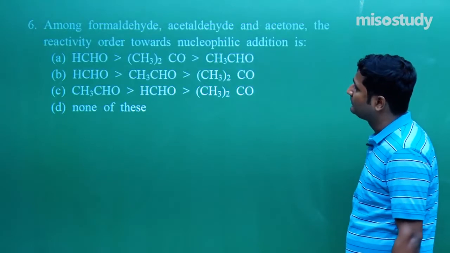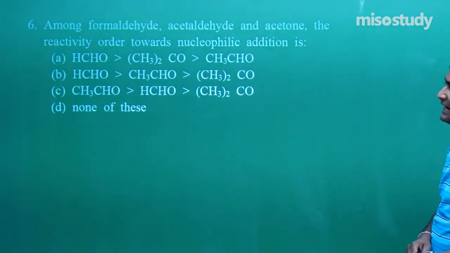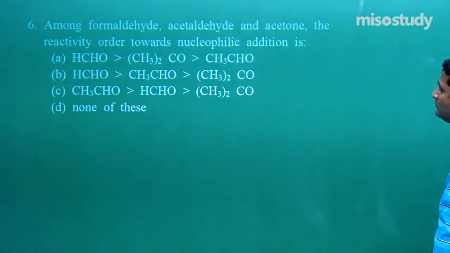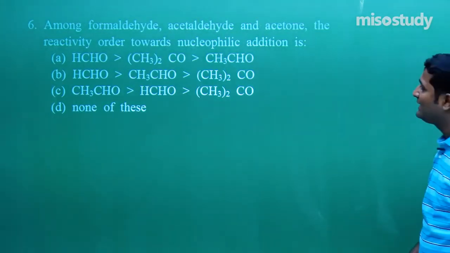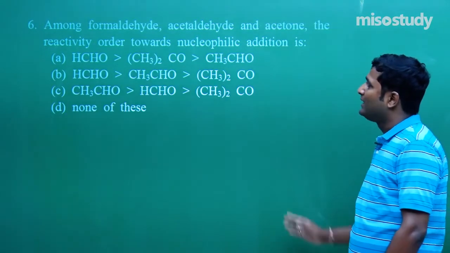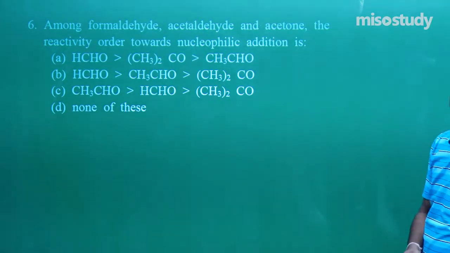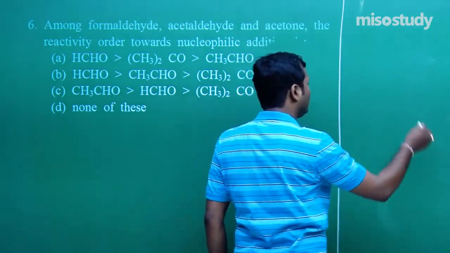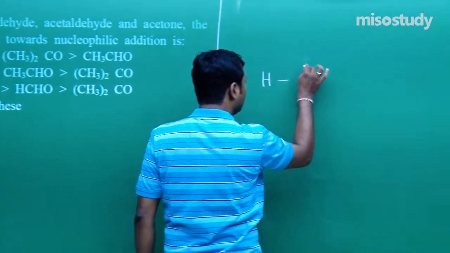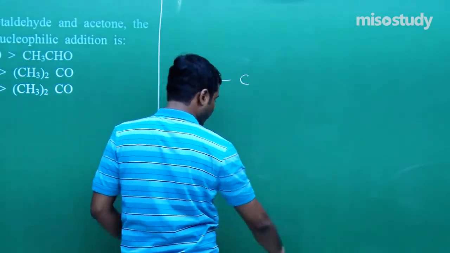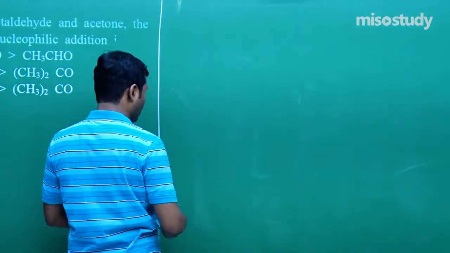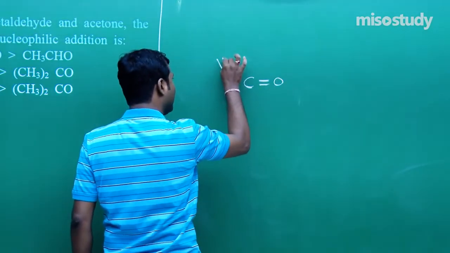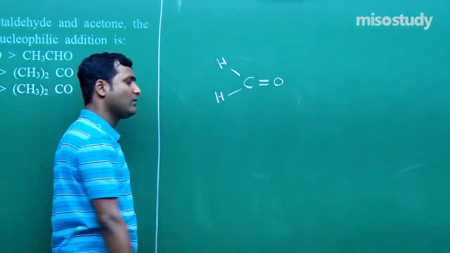Now next one, look at formaldehyde, acetaldehyde and acetone, and their reactivity order towards nucleophilic addition reaction. Formaldehyde can be written like this, C double bond O, with H and H. This one is formaldehyde.